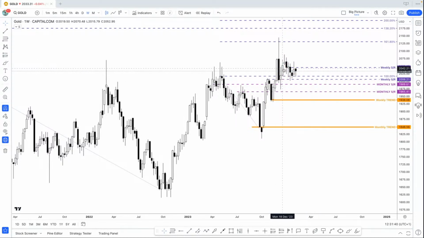We have a south breakout here on the weekly, and we have north breakouts here on the weekly. That is a zone that may stop the price or keep the price from falling. That's a nice support zone.